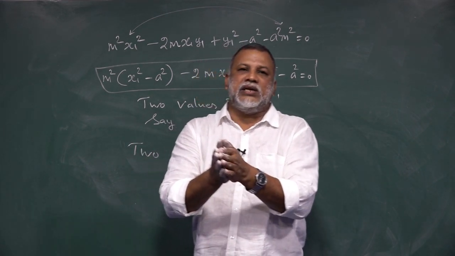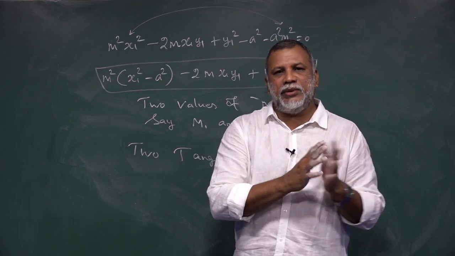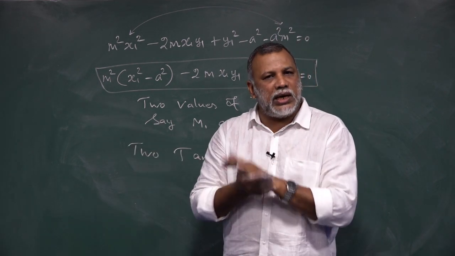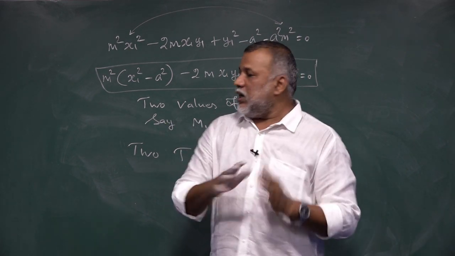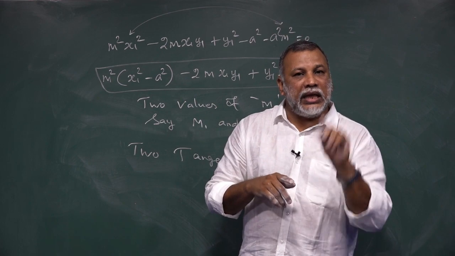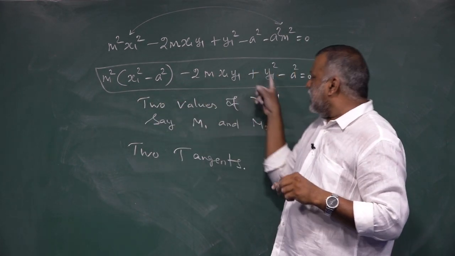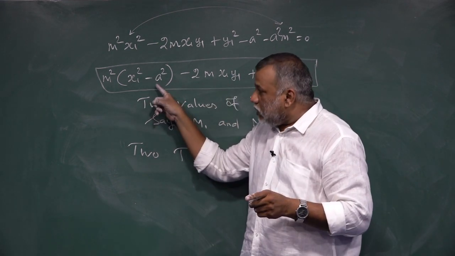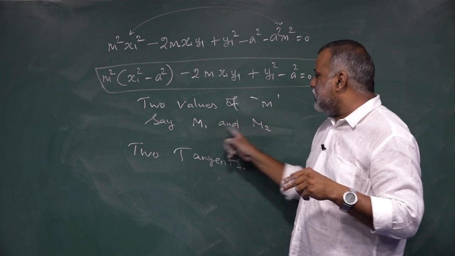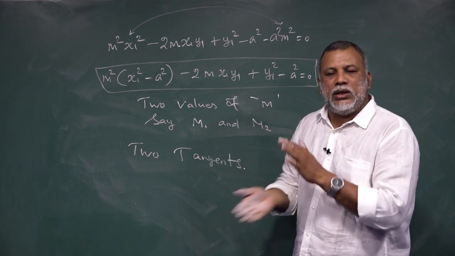In that equation, substitute the point x1, y1, convert the remaining elements into one side, the root part into the other side, then to avoid the root, squaring both sides, we get a quadratic equation in m. That is the logic. If we solve this equation, we get two values of m, say m1 and m2. With the help of two slopes, we are able to draw two tangents.